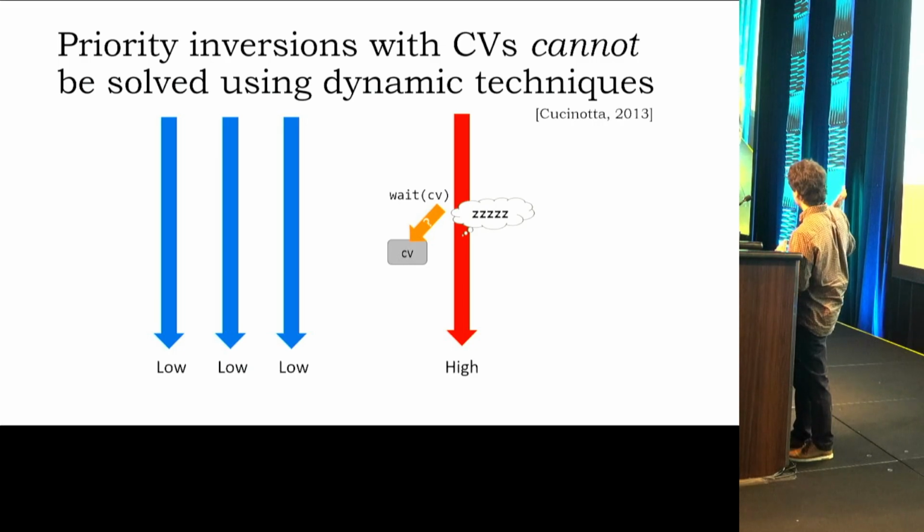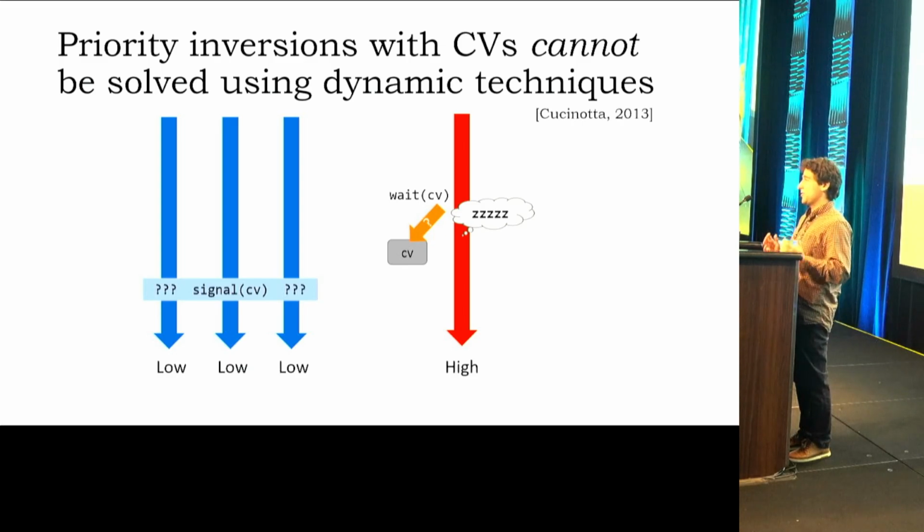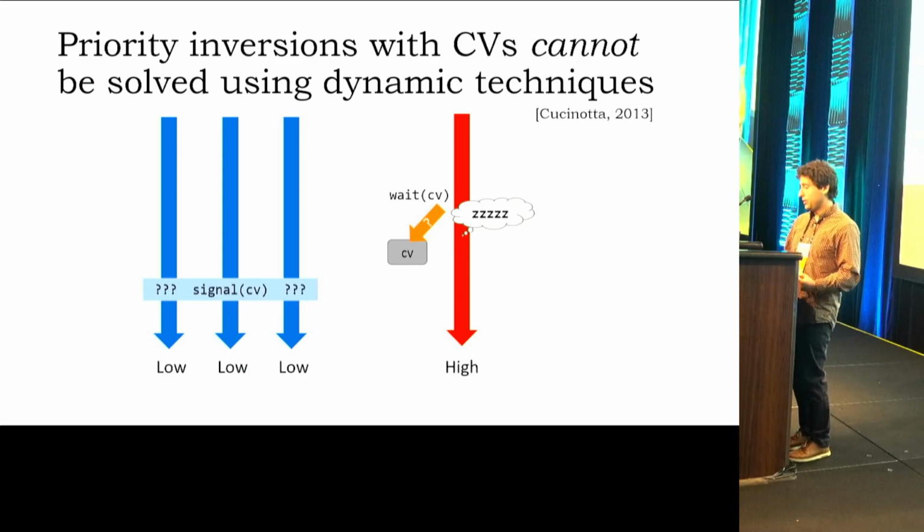Presumably, the condition variable is going to be signaled by one of these low priority threads, and so maybe now we want to take that low priority thread and promote it to high priority, just like we did with the threads in the mutexes example. But the problem is, in the absence of any sort of static annotation or other information, we don't know which of these threads is eventually going to call signal. And so there's nothing the runtime can do. It's powerless to try and solve this dynamically.